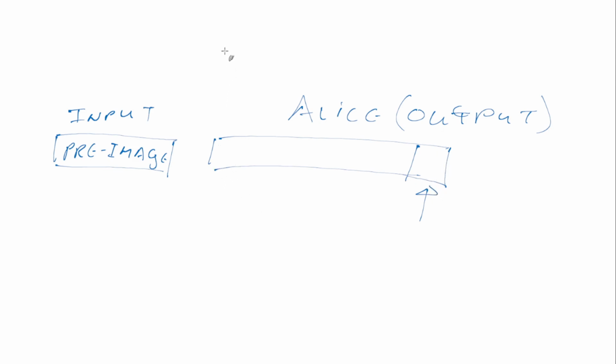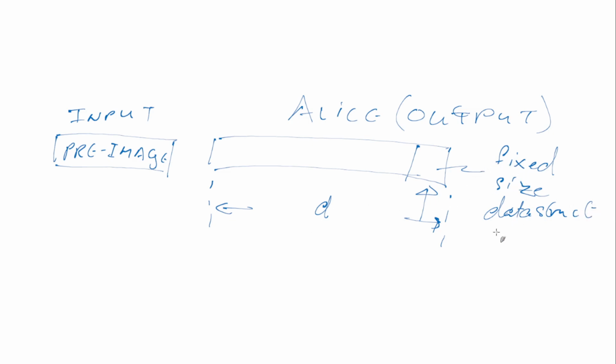If we are able to determine the size of the output script here, I'm going to call this size D. If we can determine the size of D, and we state that we have a fixed size data structure over here, then we can take the size of this fixed size data structure, which I'm going to call X. Then if we want to know where to start reading our data, all we need to do is to take the total size D of Alice's output script minus the size X of her data structure. Then the offset where we want to start reading will be D minus X.